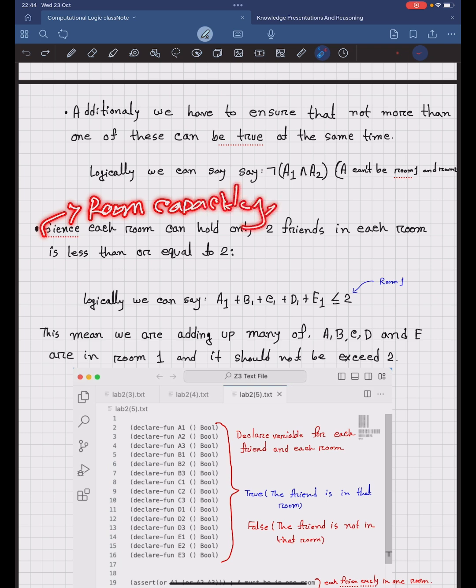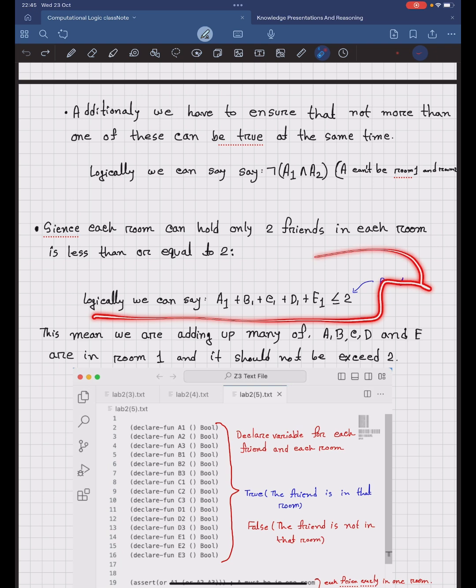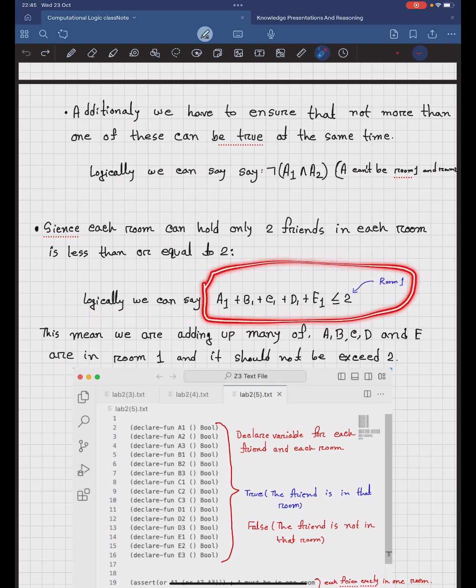In all rooms, only two friends can live. So the capacity of the rooms will be two maximum, or less than or equal to two. Let's take the example of room 1. Logically we can say that these expressions are telling us about that. I will explain it right now.